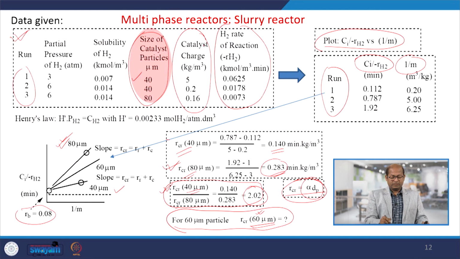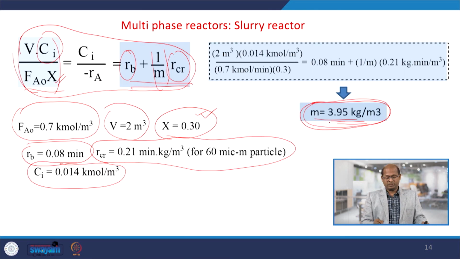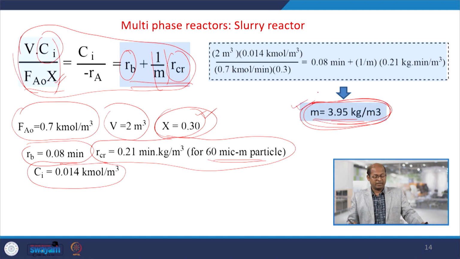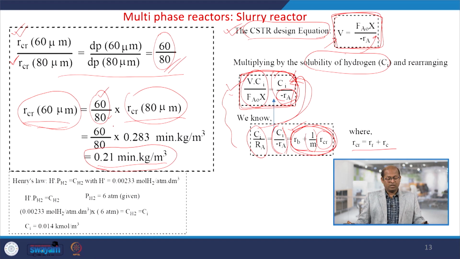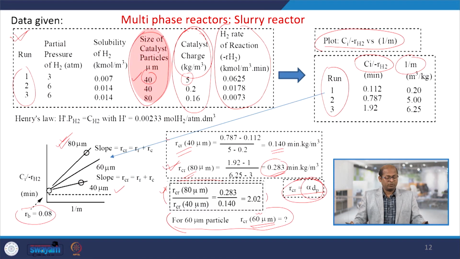Okay. See, we charged 5 kg of catalyst for 40 micron particles. So, here if we want 30% conversion, for 60 micron particles we have to charge this amount of catalyst. These components are known: the molar flow rate is given, conversion is given, volume is given. The resistance part for the known components, 40 micron particles and 80 micron particles, is given.